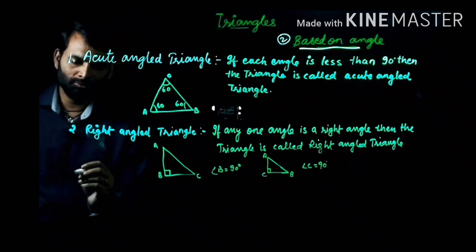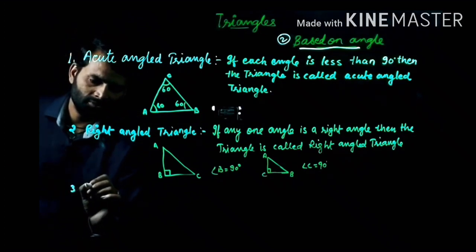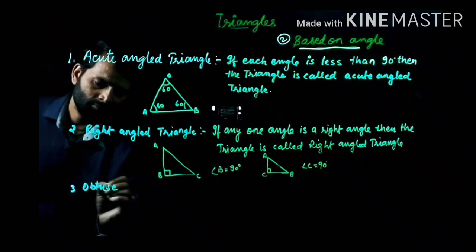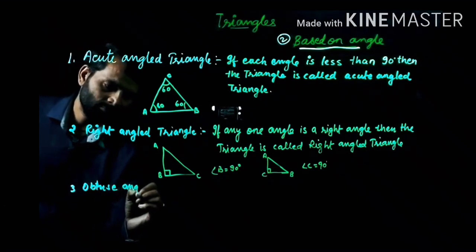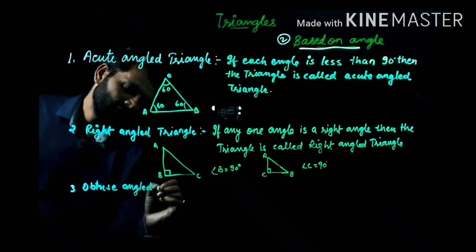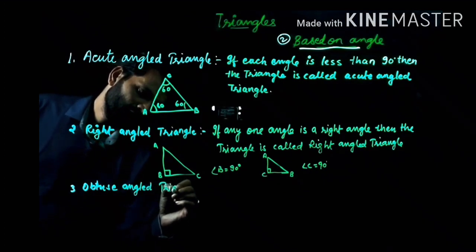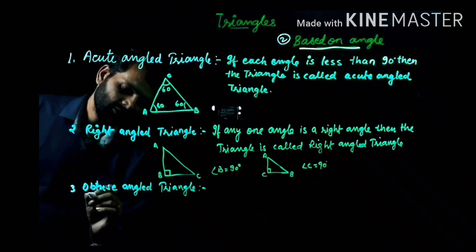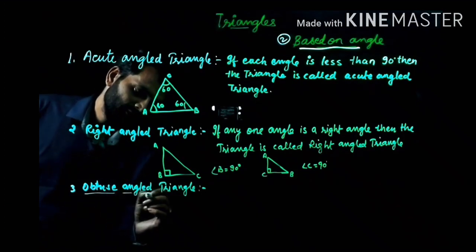Okay, and the third is which type of angle? Third is obtuse angle triangle. Okay, this is the third name: obtuse angle triangle.